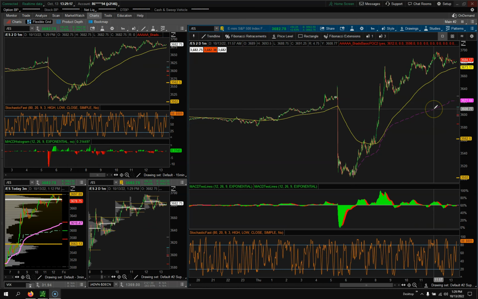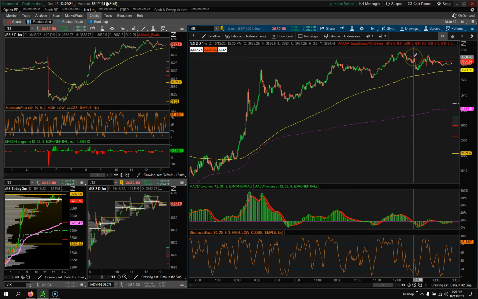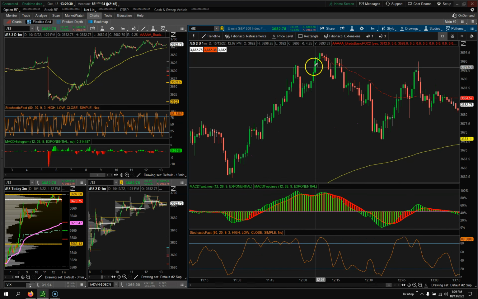And then this purple line and this red line, if we zoom in, are anchored VWAPs. I like them. Price reacts very well to them when they line up with a couple of other things. You could see as we start to go lower, price will usually reverse from this level or bounce from it.